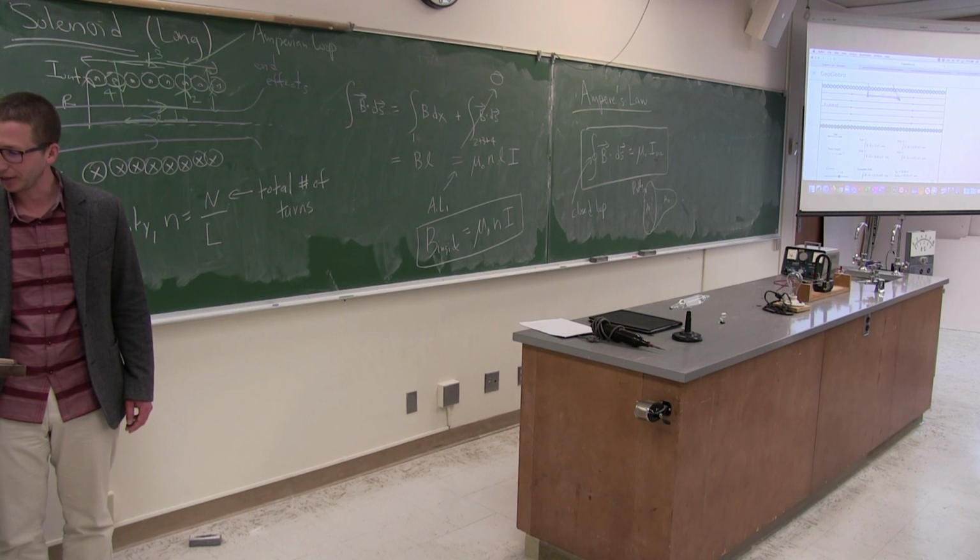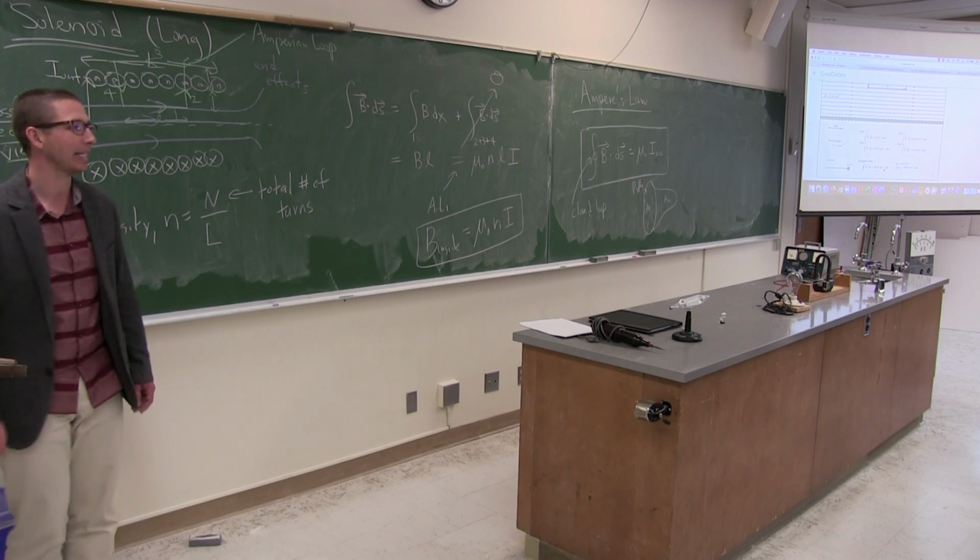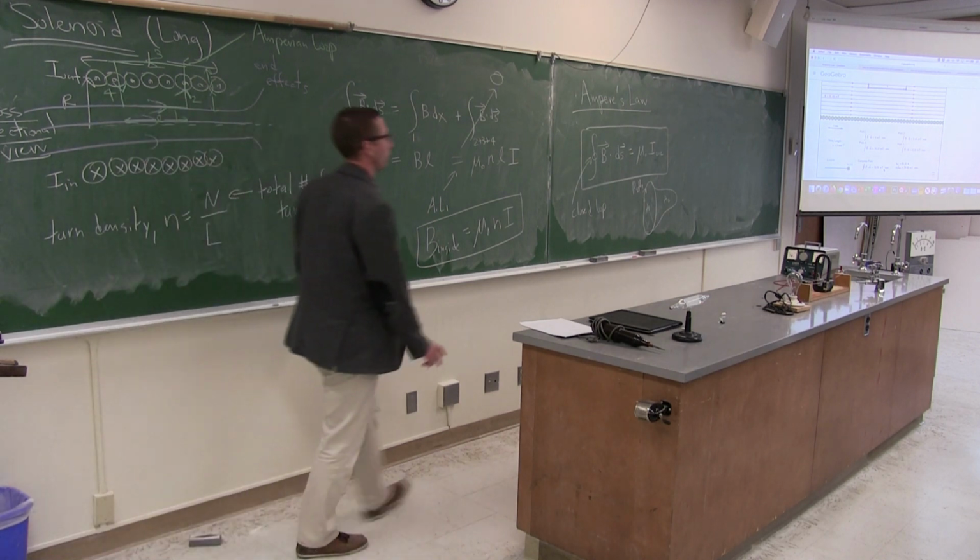If I make the loop longer, that path integral gets larger, because more current is enclosed in that loop. The other way to increase the path integral is to increase the current. Mu naught I enclosed will always equal exactly the path integral around the loop.